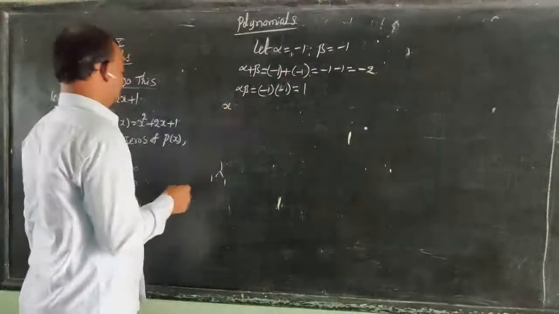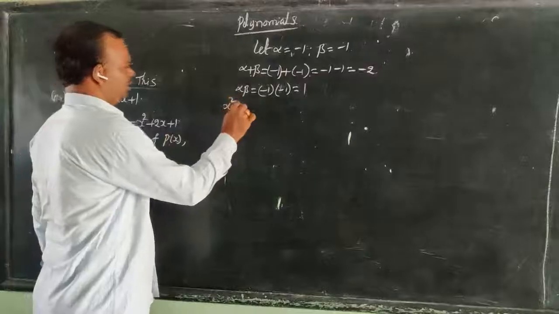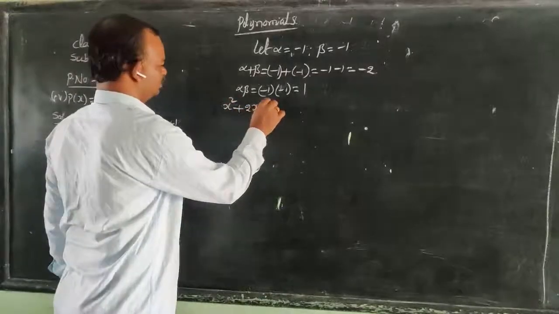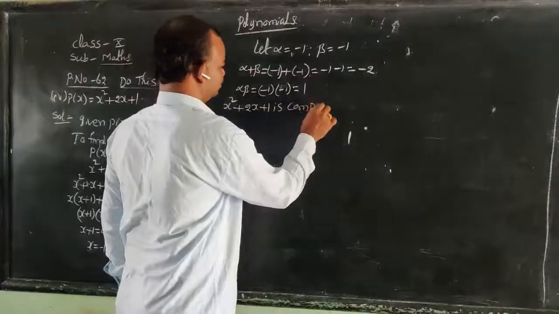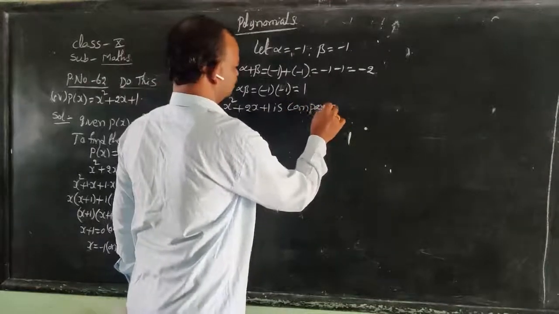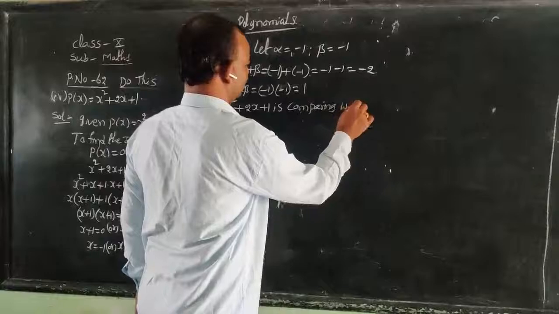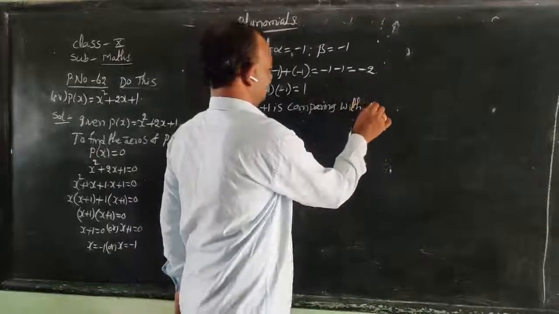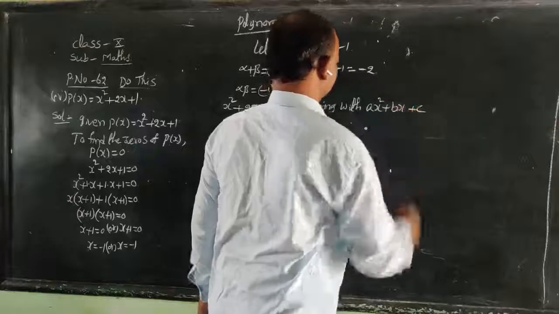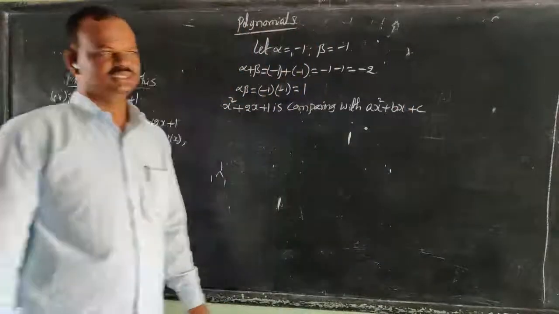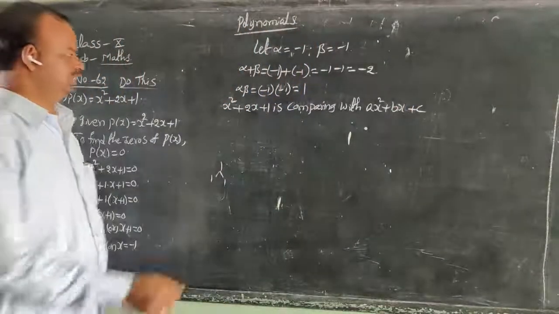Next, the given polynomial x square plus 2x plus 1 is compared with ax square plus bx plus c.